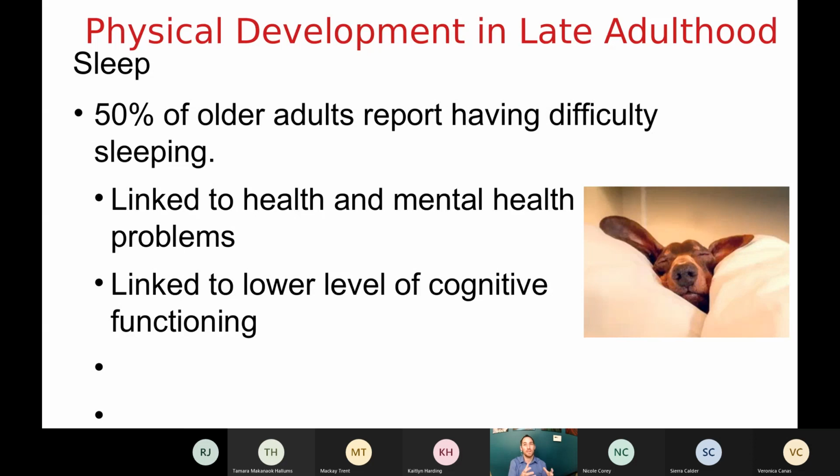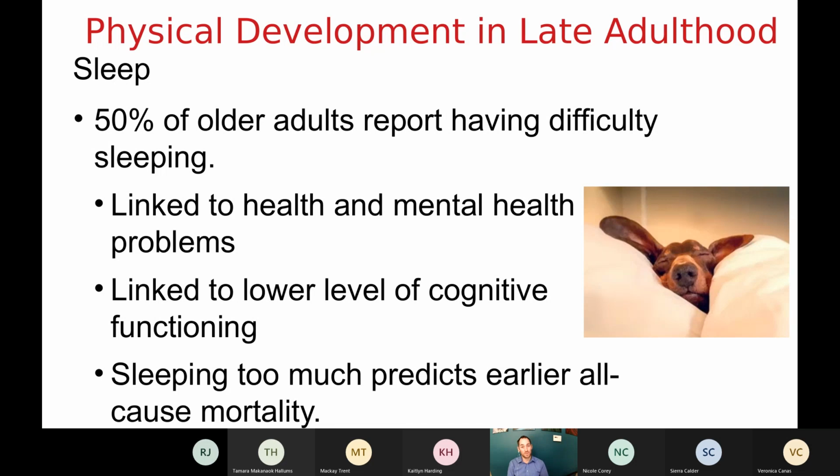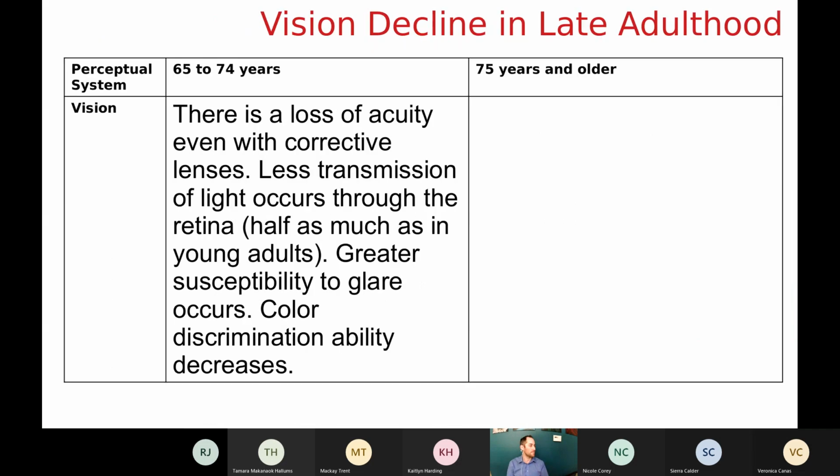A lot of the physical aspects that we can do a little bit about, like proper diet and exercise, do have an impact on those cognitive functions. Sleeping too much, I think I did mention this, predicts earlier death. So there's a sweet spot there. You need to be sleeping, but not too much.